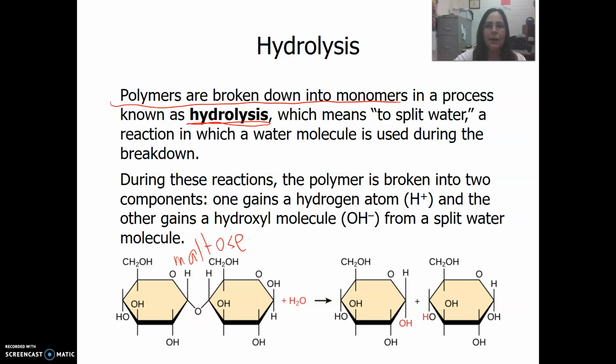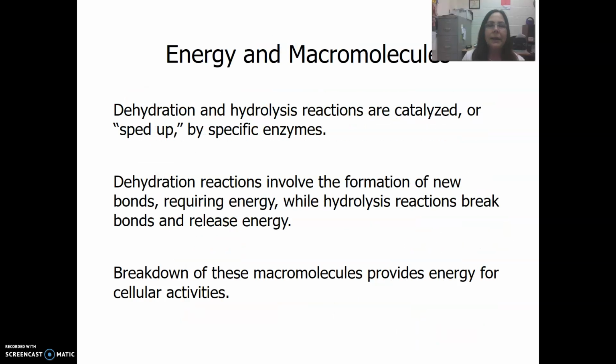One of them gets the OH and the other one gets the H. And that splits the maltose apart into its individual monosaccharides, which are glucose and glucose. So the breakdown reactions are hydrolysis, and the synthesis reactions or building reactions are dehydration synthesis.